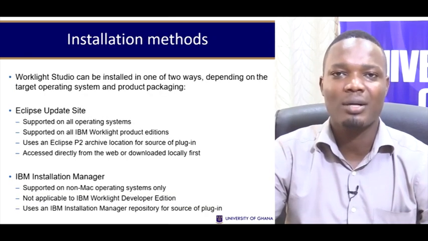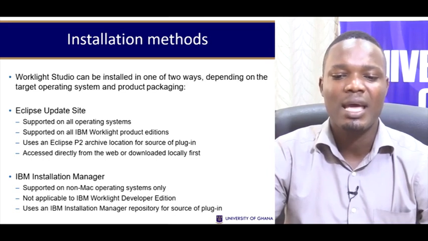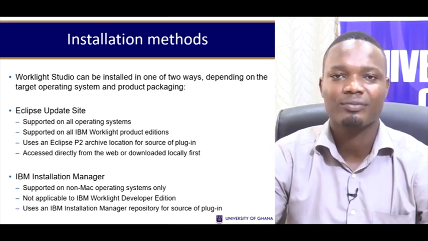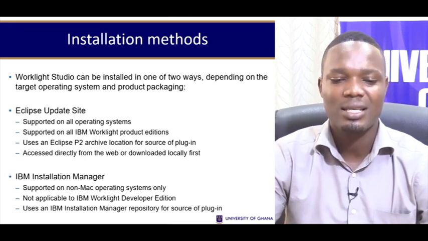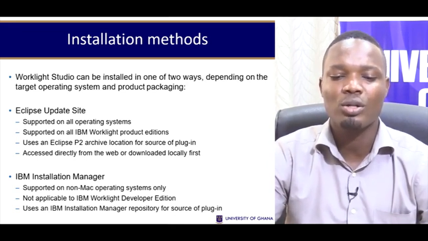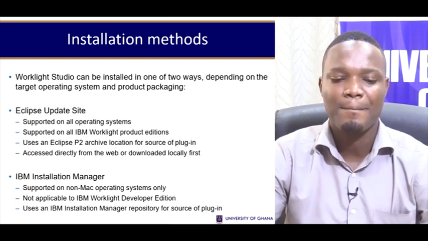Now, we'll talk about the installation methods. Worklight Studio can be installed in one of two ways, depending on the target operating system and the product packaging. The first one is through the Eclipse update site. This is supported on all operating systems and on all IBM Worklight product editions, and it uses the Eclipse P2 archive location as the source of the plugin.